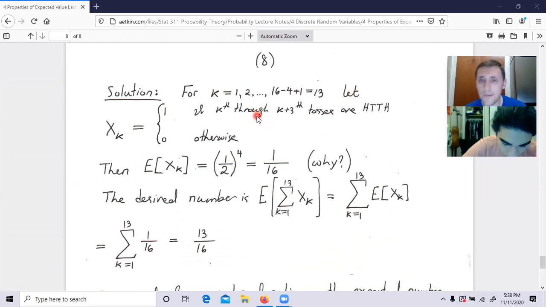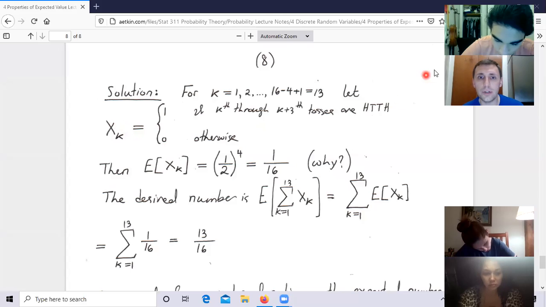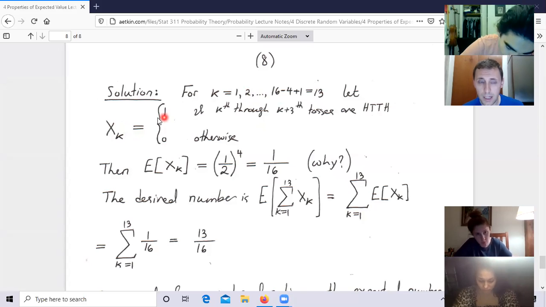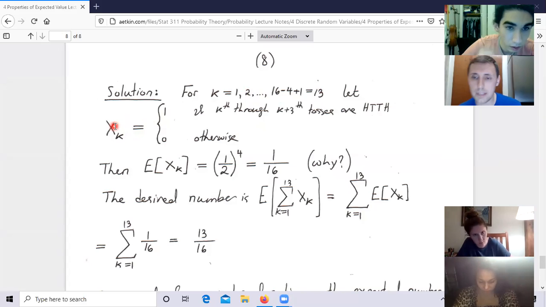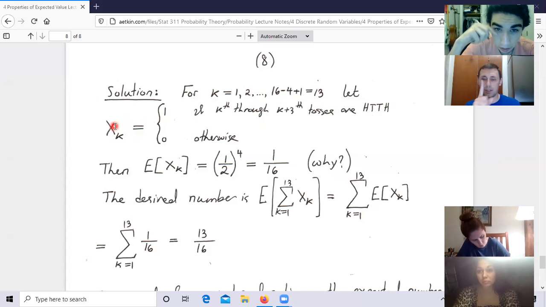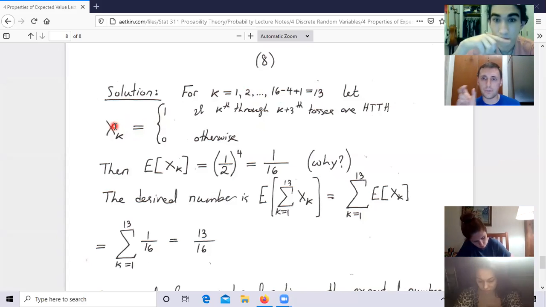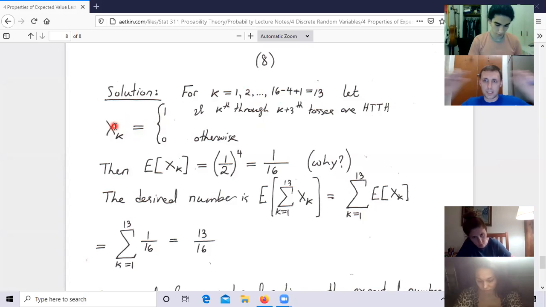So what I will have is indicator variables that will do the following. For k equal to 1 all the way to k equal to 13, the random variable will look at the next 4 entries. Do you understand? So first random variable x1 will look at the first entries of the word, which is made of 16 letters.